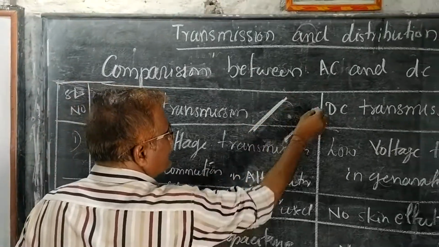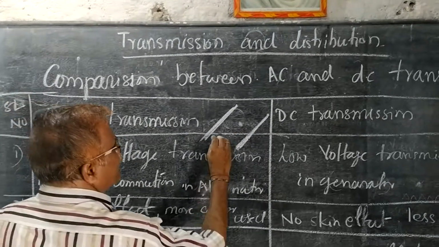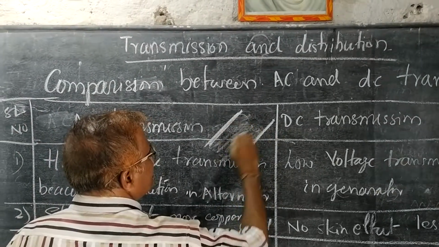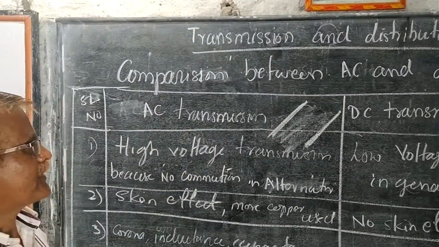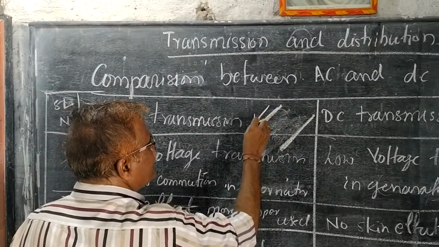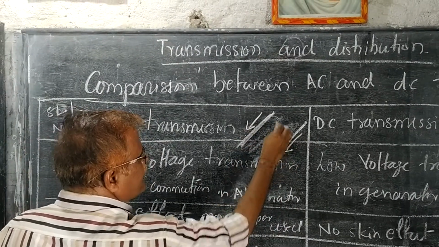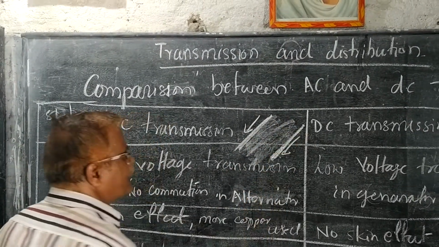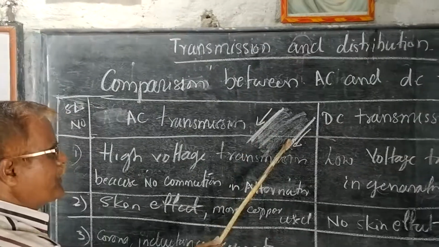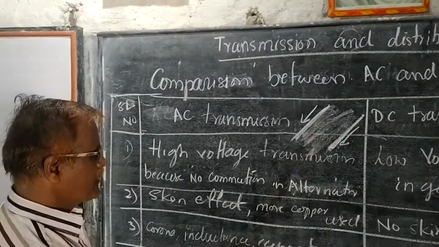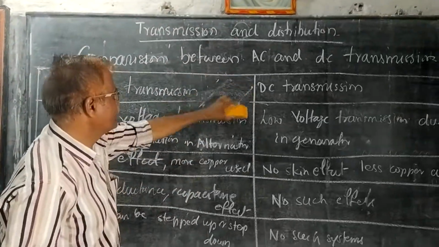In between the two conductors there is air, and the current is passing through them. So the air between them acts as a capacitor. This capacitance effect increases the power loss in the transmission.